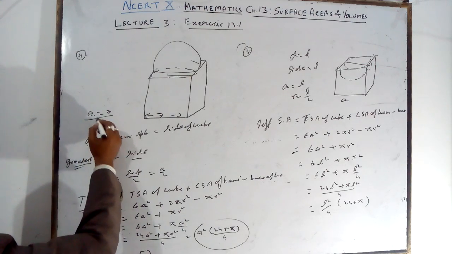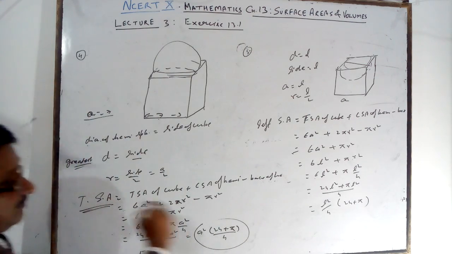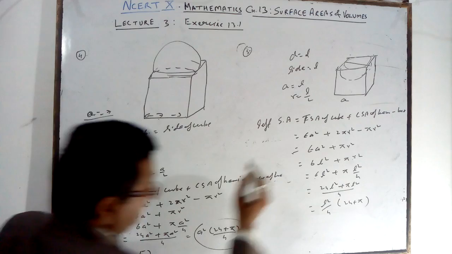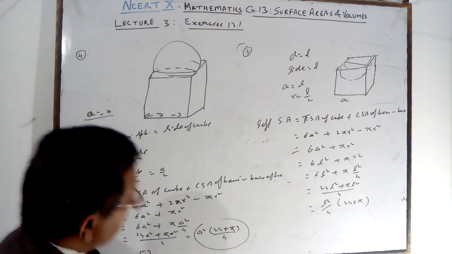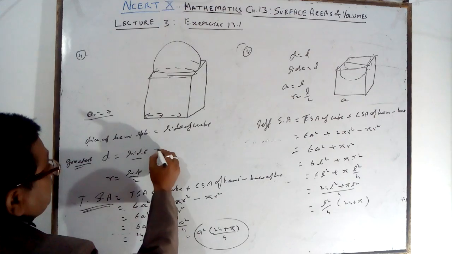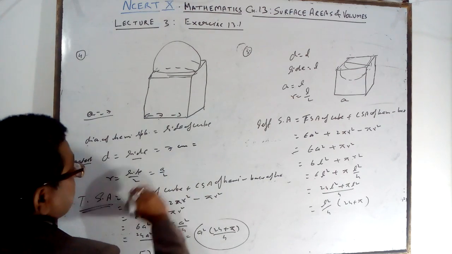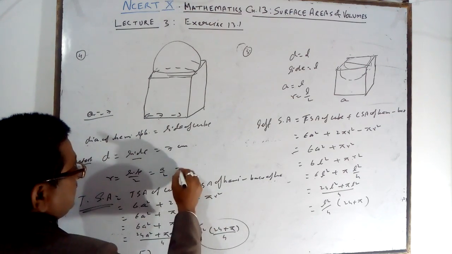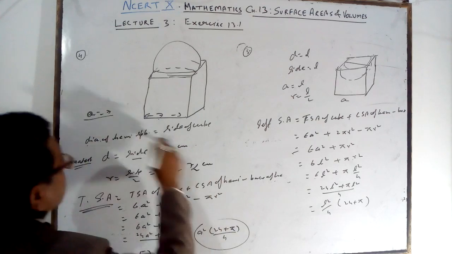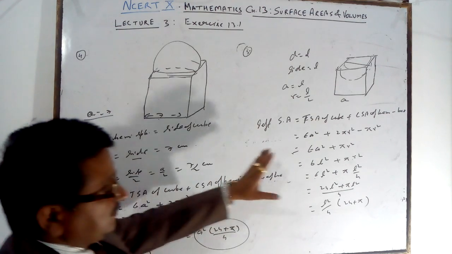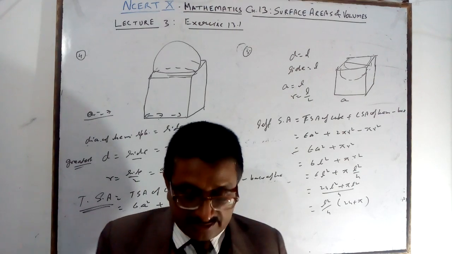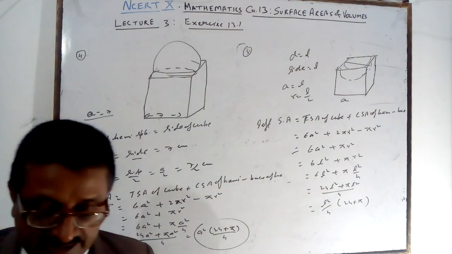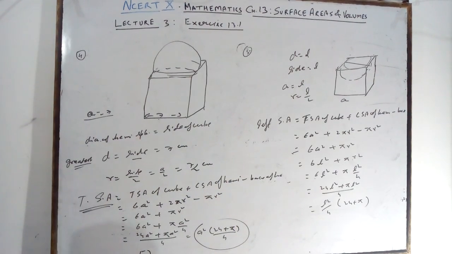In question number 4 the side of the cube is given 7, but here the side of the cube is given l. Both are the same, but your answer will be in terms of l. The diameter is 7 centimeter, that is the radius is 7 by 2 centimeter. That's all for today, and in the next lecture I will tell you the rest 4 questions of this exercise. Thanks.